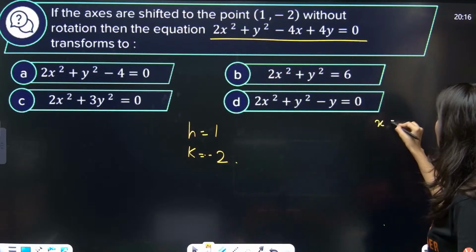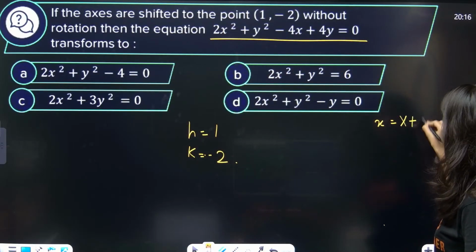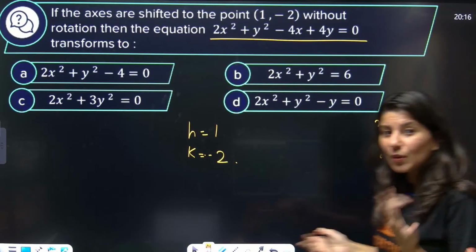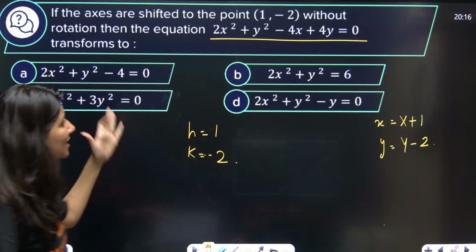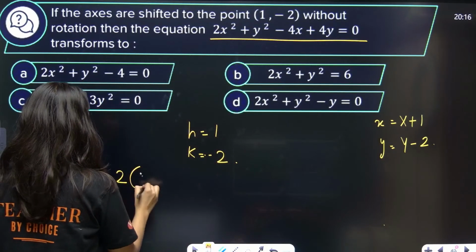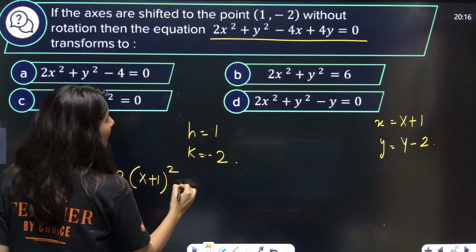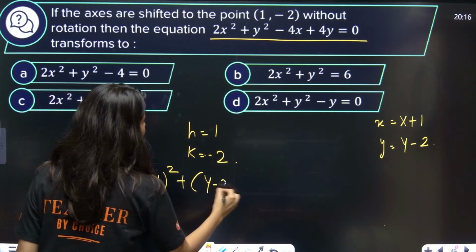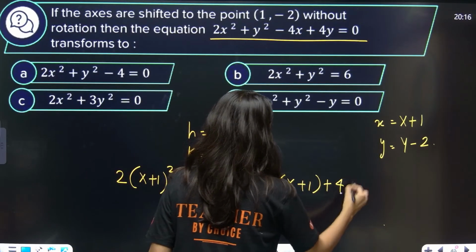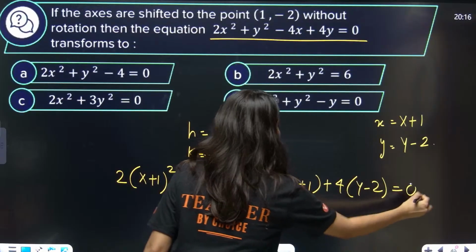So x is equal to capital X plus h, h is 1, y is equal to capital Y minus 2. So what you have to do is replace small x by X plus 1, and you're going to get 2 times (X plus 1) whole square plus (Y minus 2) whole square minus 4 times (X plus 1) plus 4 times (Y minus 2) is equal to 0.